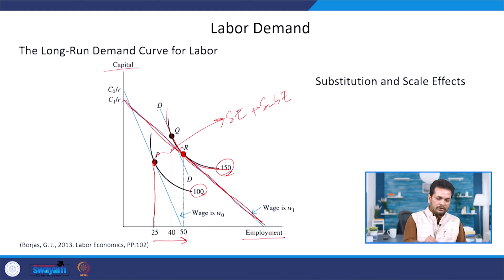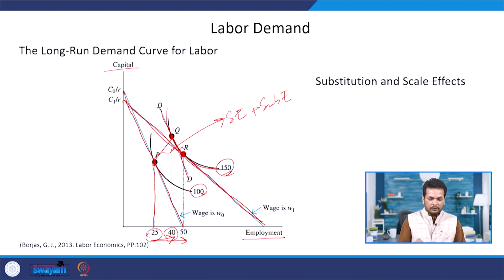We have drawn a parallel line DD to the previous cost function and it is tangent at point Q. So, moving from point P to Q, as the wage reduced, the farm employs more labor, from 25 to 40. This is the scale effect, because the cost of production has gone down, the farm is producing more, and it has to employ more workers.